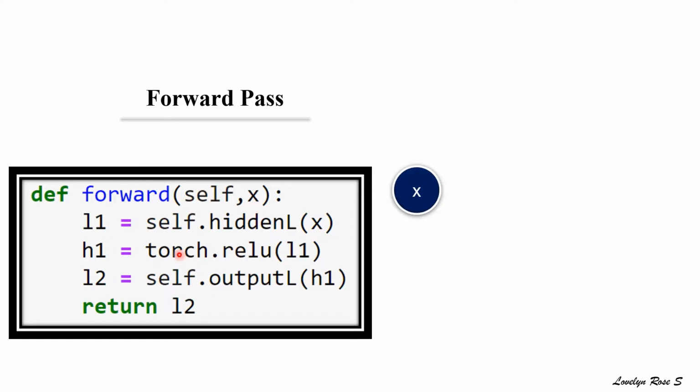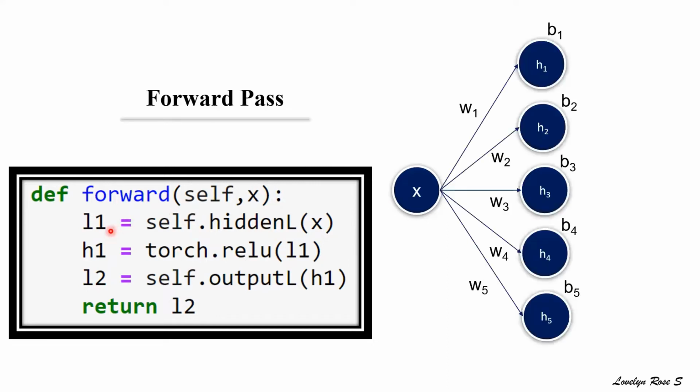So here, for example, if you see def forward(self, X), I start from X. Now this input is given to this layer, self.hiddenL, the output of which I call L1. So far, it's like this. The output of this layer after a linear activation is L1.